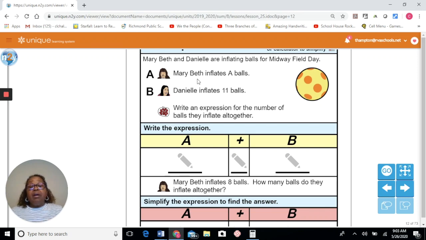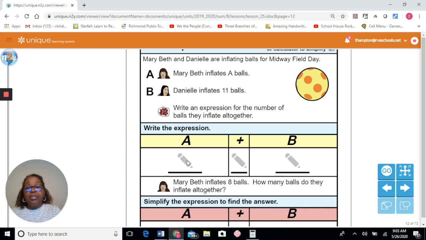B. Danielle inflates 11 balls. We know what B is. B is 11. Write an expression for the number of balls they inflate together. They inflate all together. So we know our operation is addition. Excellent, excellent. You're with me. All right. So what is A? We don't know what A is yet.